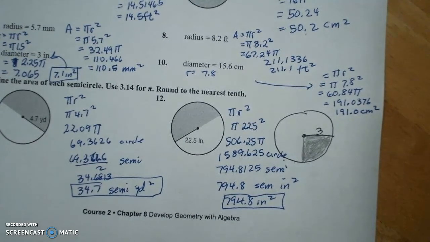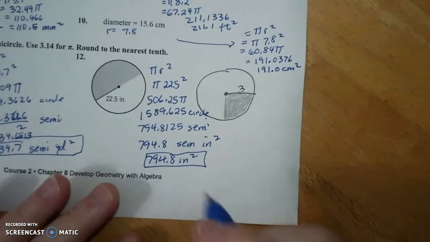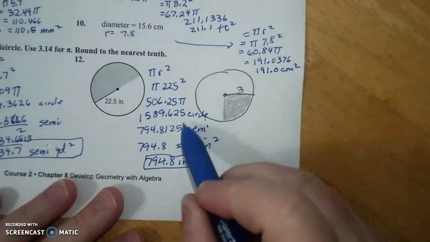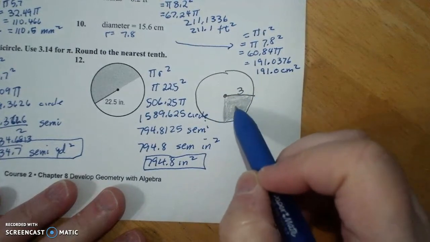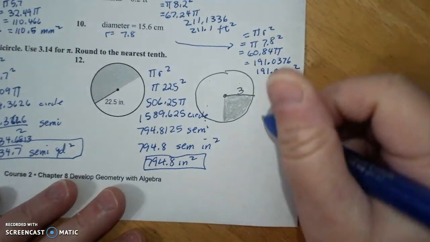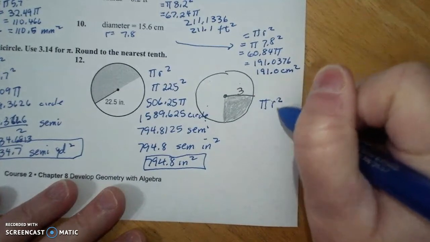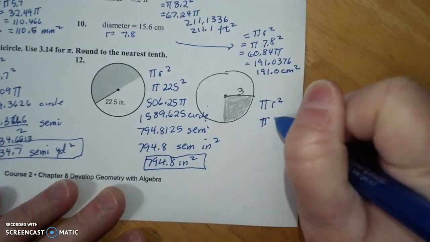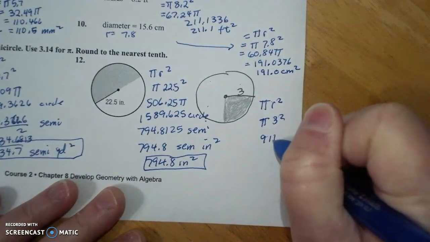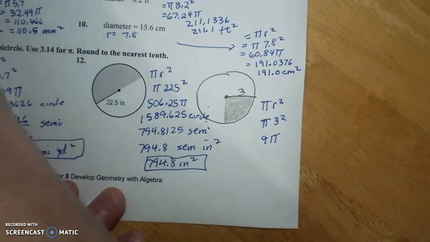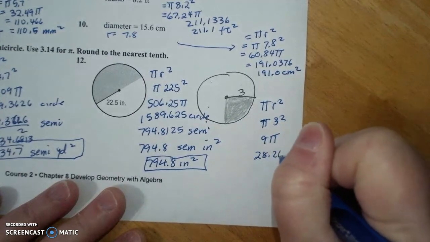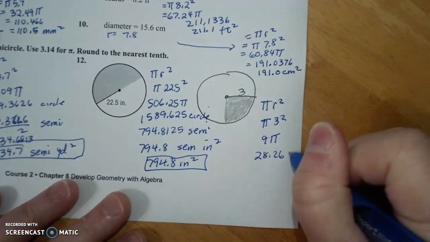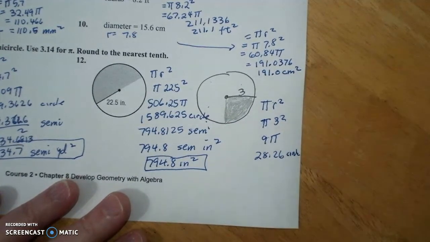So the next one, it's not a half circle or a semicircle, it's a quarter circle. So at the very end, instead of dividing by 2, we're going to divide by 4 because there's 4 pieces that would fit into it. So pi r squared, pi 3 squared, 9 pi, is 28.26 for circle.